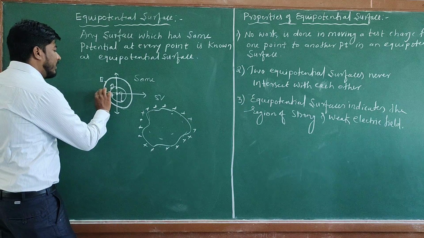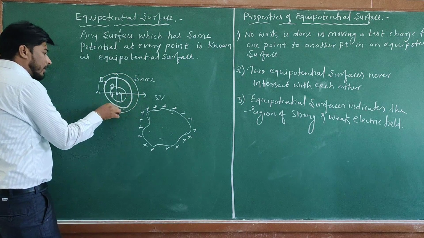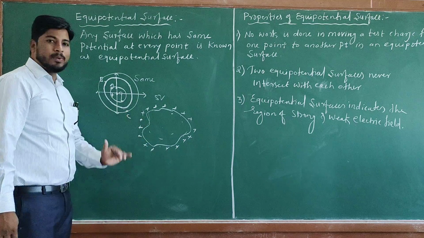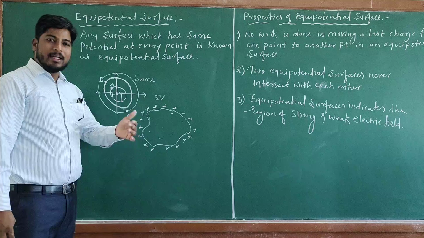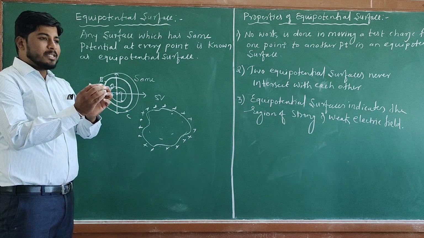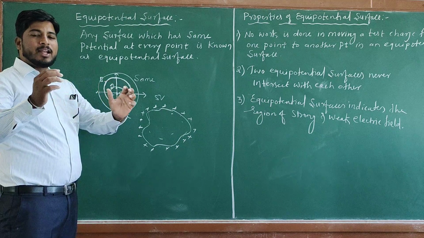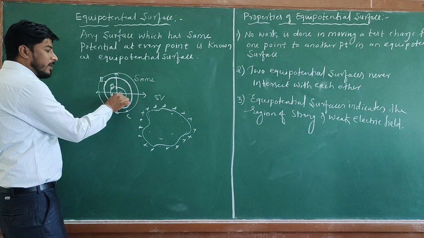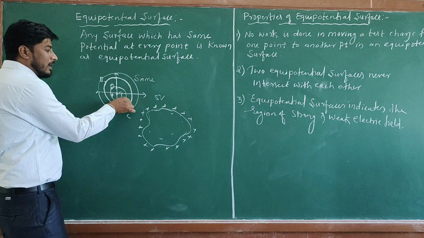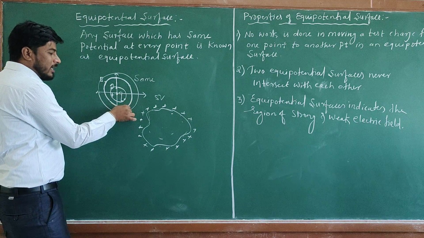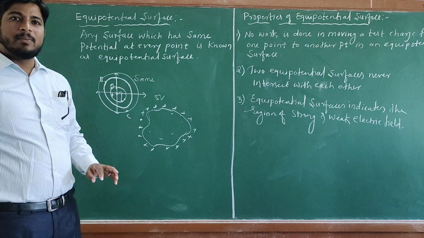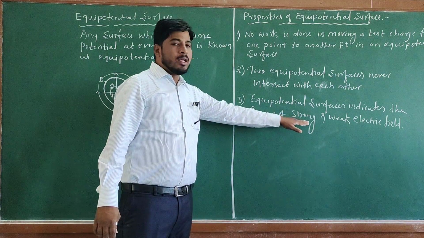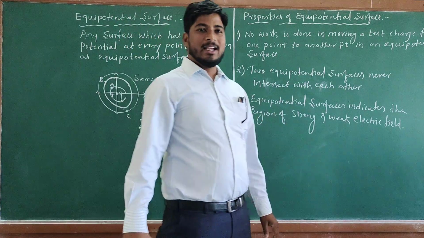As I draw the spherical surfaces like this, at point C, I will get even weaker than B. So at A, I get the most electric field; at B, a little weaker than A; at C, much weaker than A and B. So, this indicates the region of strong and weak electric field.